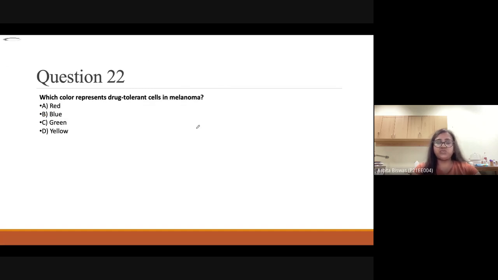Okay, so next, moving toward question number 22. Which color represents the drug tolerant cell in melanoma?